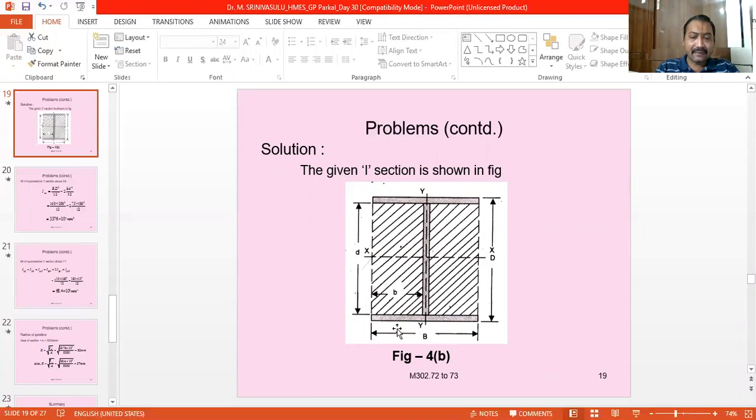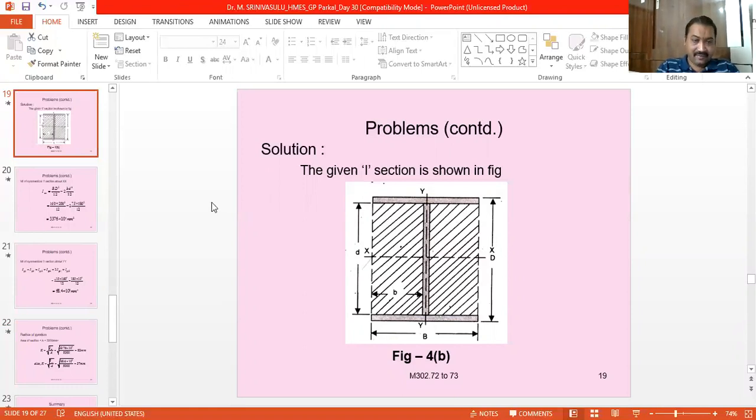The bigger rectangle has width capital B and depth capital D, and the two small rectangles are symmetrical, having width small b and depth small d. So we are considering the given I section as two smaller symmetrical rectangles cut out from either side of the bigger rectangle.